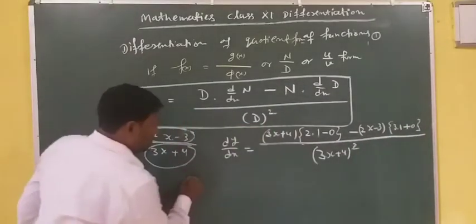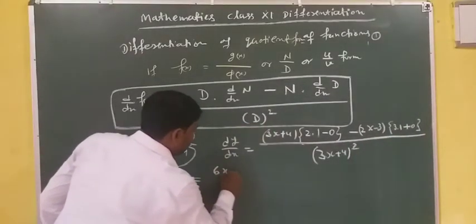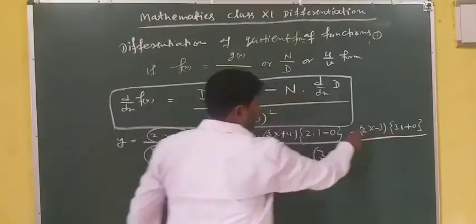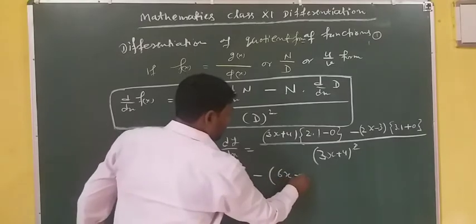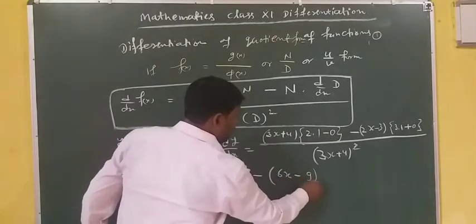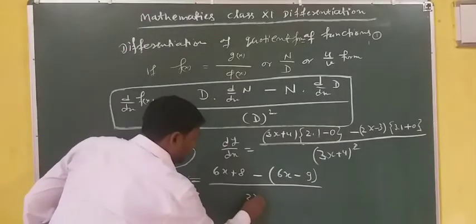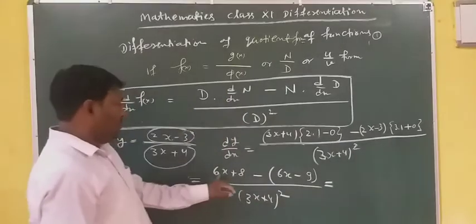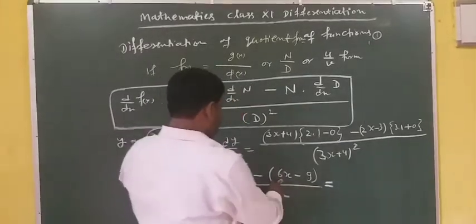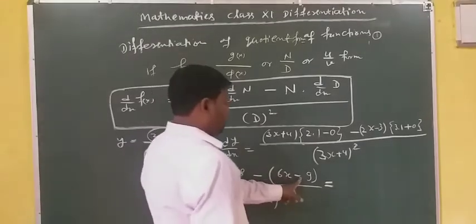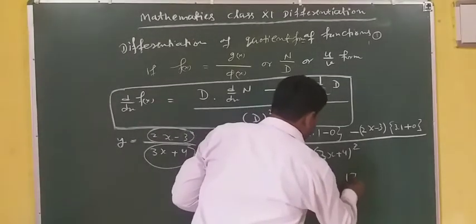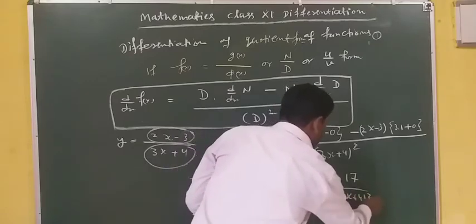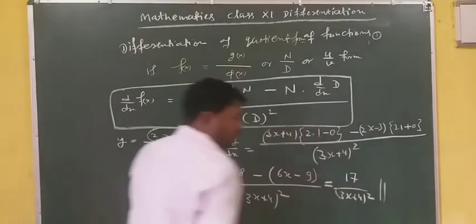So what will you get? 2 times 3 is 6x plus 8 minus, within bracket, multiplying with 3, 3 times 2x is 6x minus 9, divided by (3x plus 4) whole square. Now 6x minus 6x is 0, and 8 plus 9 is 17, upon (3x plus 4) whole square. So this will be your answer.